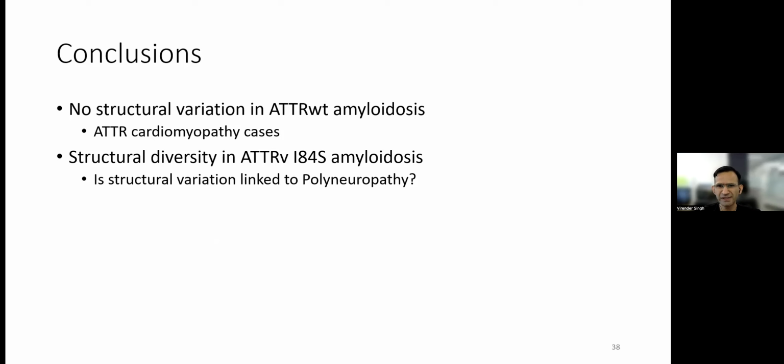But the homogeneity of amyloid structures which we observed in ATTR wild type cases is mostly linked to cardiomyopathy cases, and many other mutations like T60A, which are mostly linked to cardiomyopathy, also show a consistent closed gate conformation.